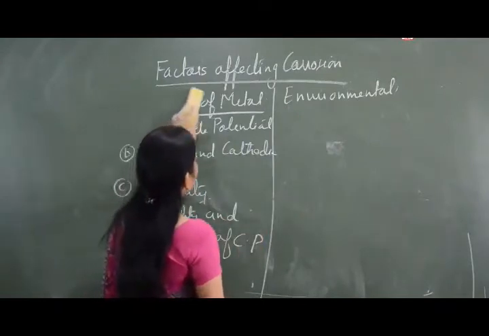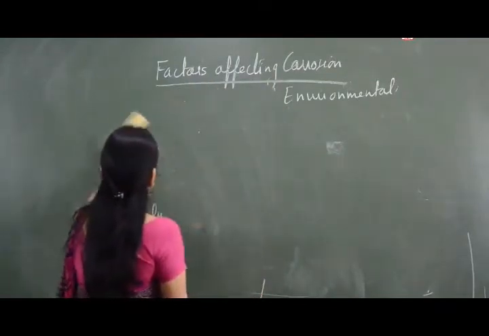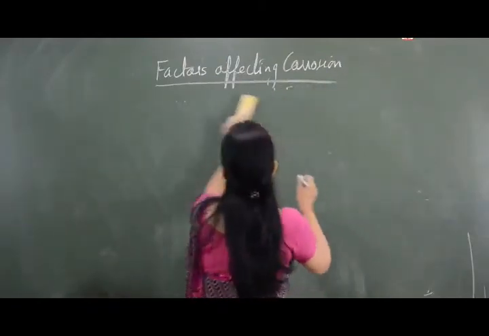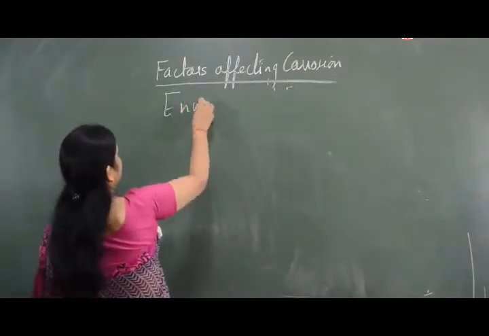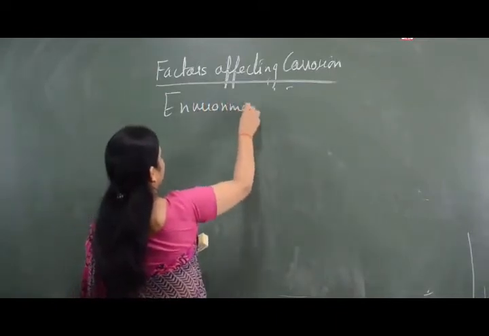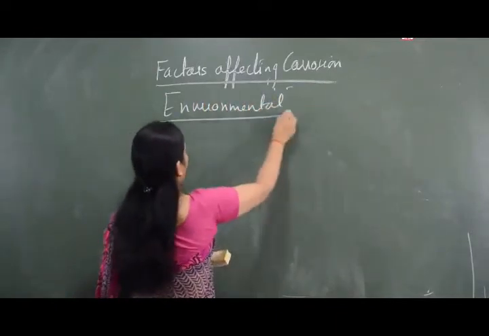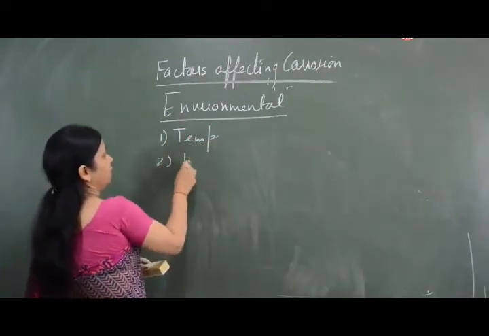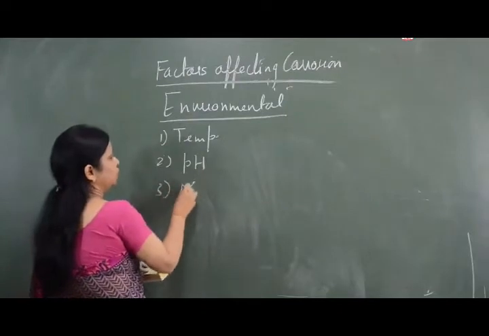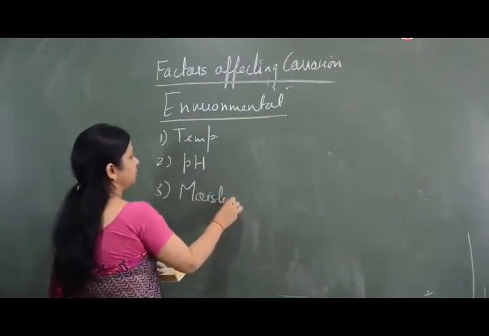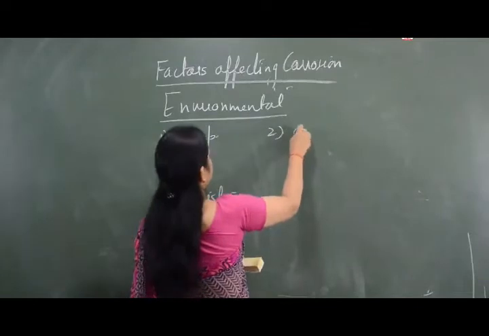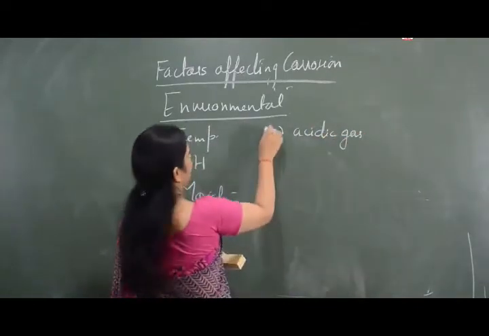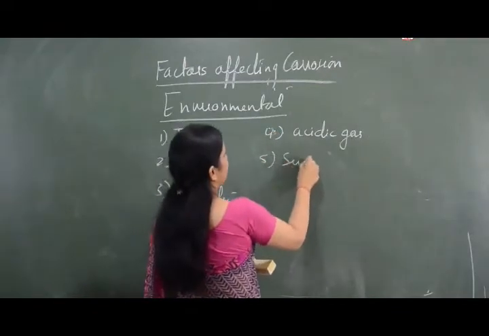Now we come to environmental factors. The environmental factors are temperature, then pH, third is moisture, then acidic gases, fifth is suspended particles.